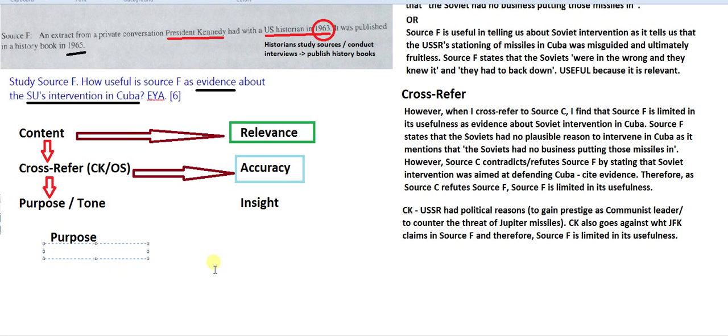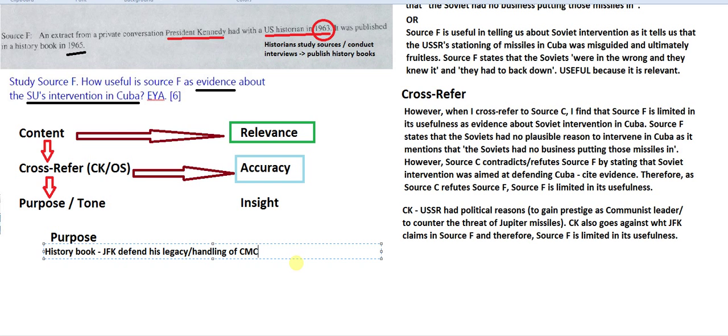If you look carefully, you know that it's a history book. It's going to be published. So what Kennedy wants to do is to defend his legacy and his handling of the CMC.